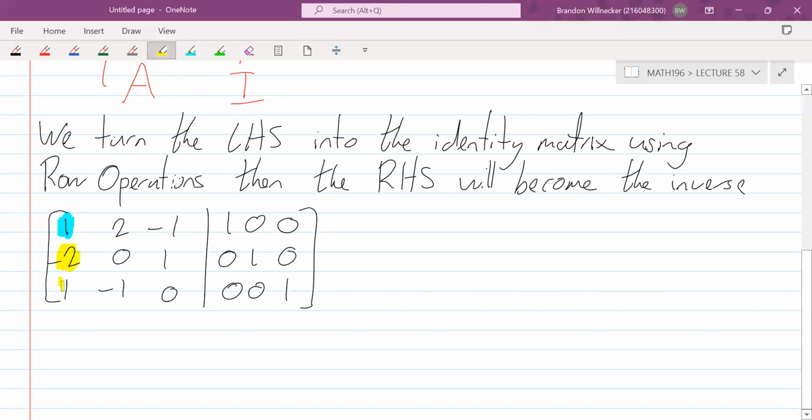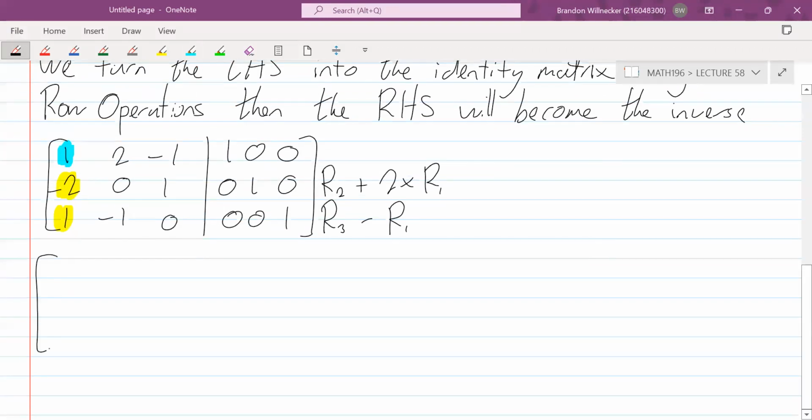Now the elements below, those two there, we need those to be zeros. So the way we can do that is if we take row 2 and add 2 times row 1. Then the minus 2 and the 2 will cancel. With row 3, we can do row 3 minus row 1. Then the 1 and the 1 will cancel.